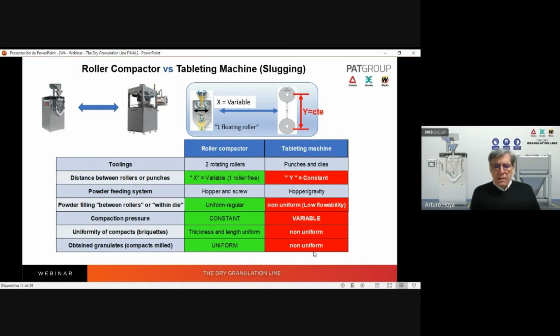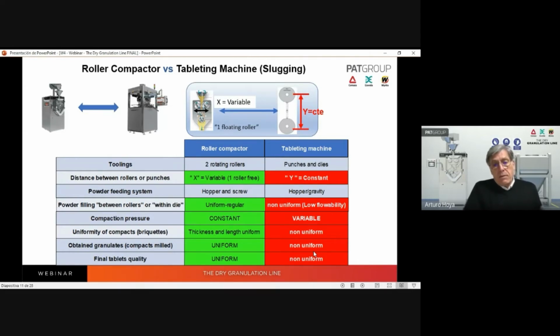We will see this in the next slide. But these are the specific differences between the roller compactor and the classic tablet machine in slugging mode. Of course, the final tablet quality will be uniform for the roller compactor and non-uniform in the case of the tableting machine.